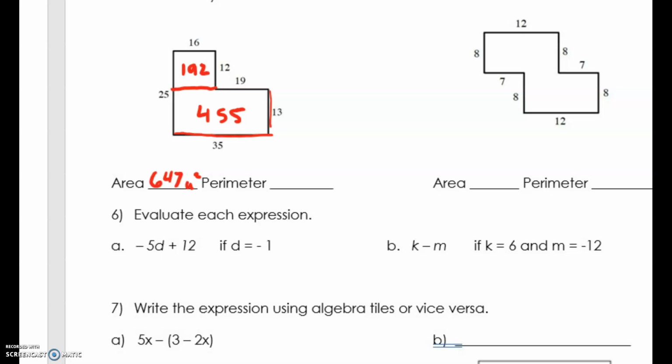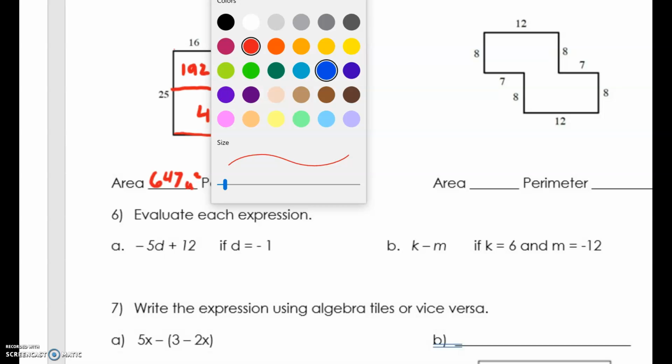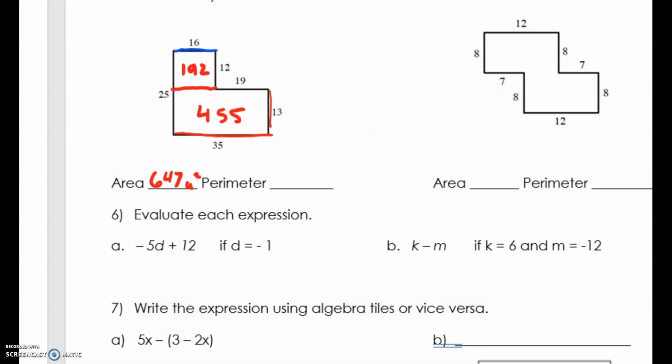All right, the perimeter is everything on the outside. So I'm adding all these outside lengths together. I'm going to use a different color, so we're looking at blue. 16, 12, 19, 13, 35, and 25 is what I need to use.